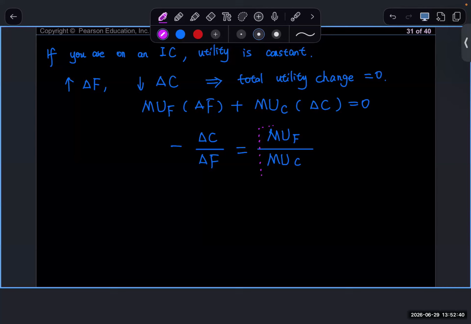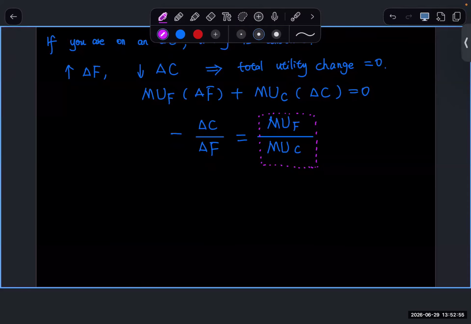The left side. Sorry, what is this? MUF over MUC. It's the definition of MRS, right? If you want one more extra of clothing, how many units of food do you have to sacrifice, give up? Okay, so here is MRS.